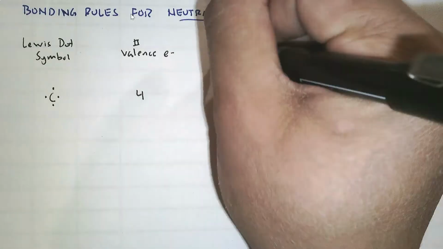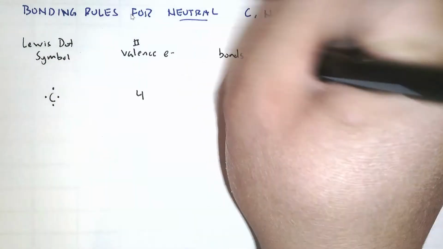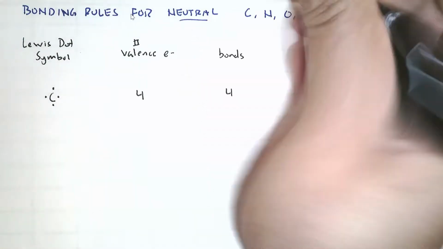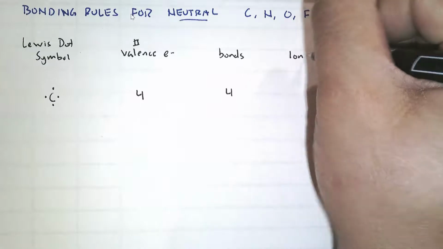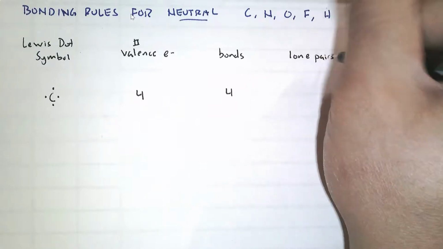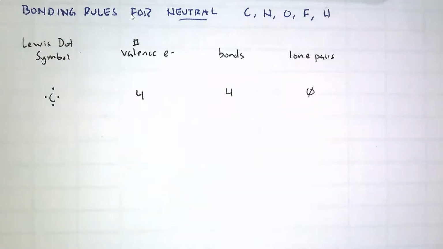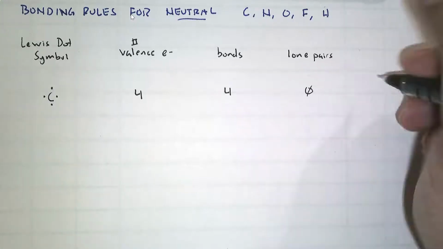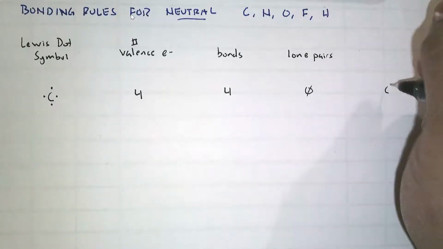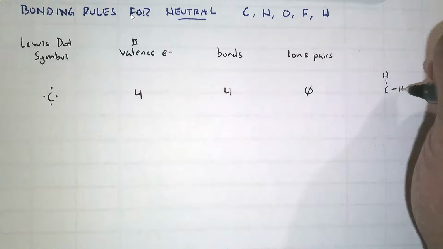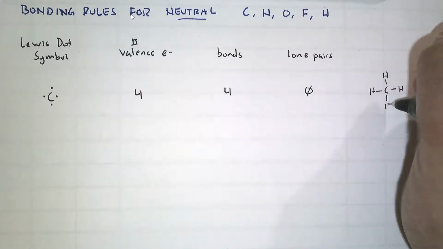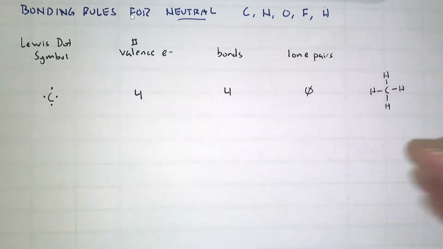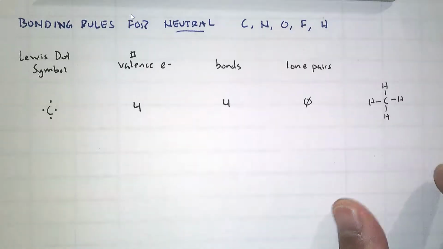We have 4 bonds. Our next column is bonds, and our last column is lone pairs, and there are 0. Our example is CH4, and if we have space, we could draw an example. Carbon satisfies the octet rule.